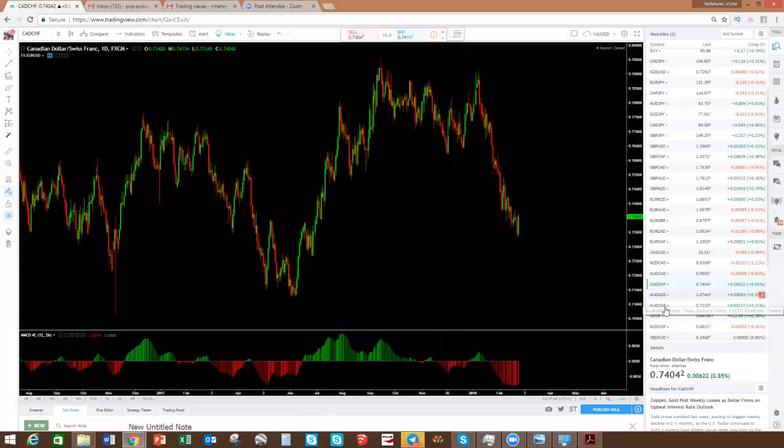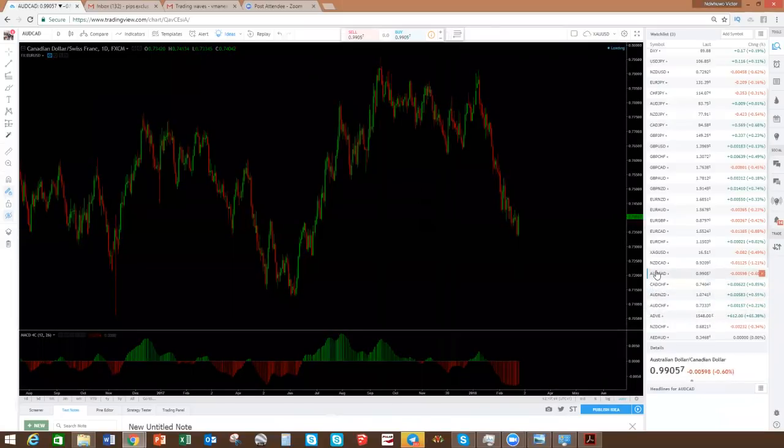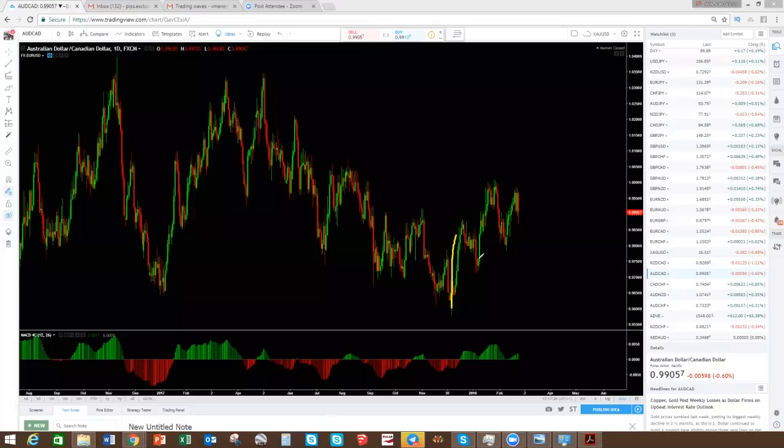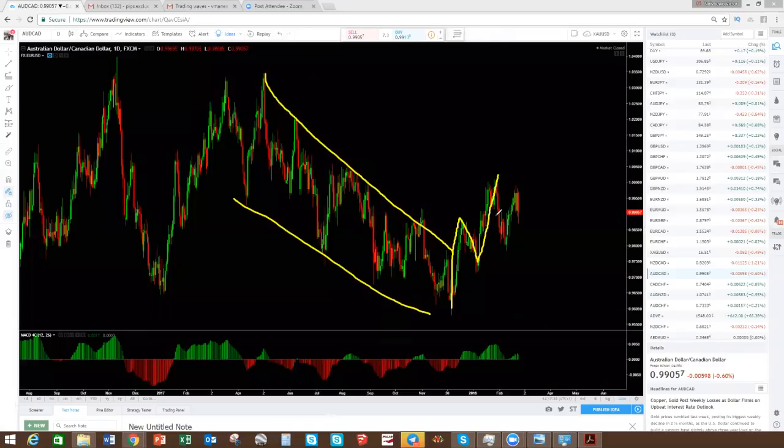Right, so AUDCAD, similar. We've got a 1, 2, 3 wave move. You can see that it came out of a big V pattern here. So we want a 1, 2, 3 correction before it goes. We are still bullish, but you can see that it's now correcting.